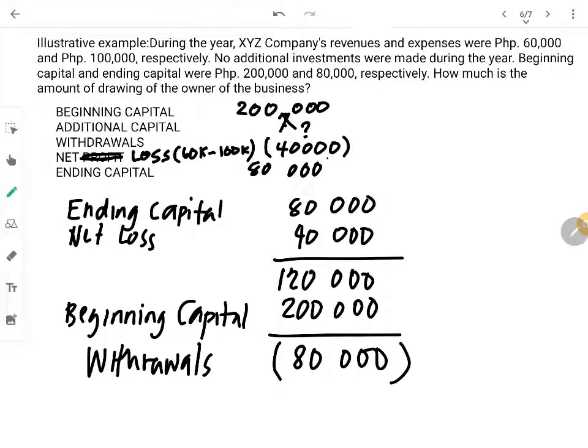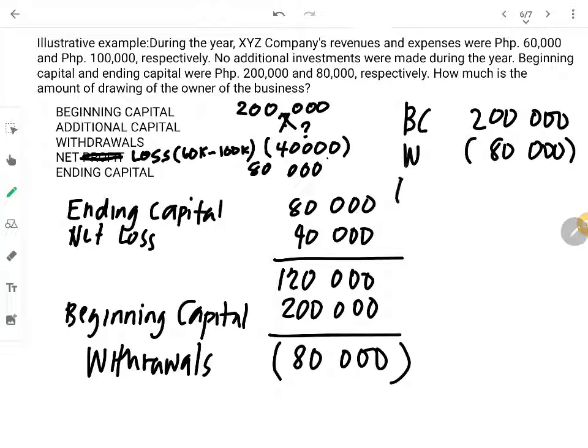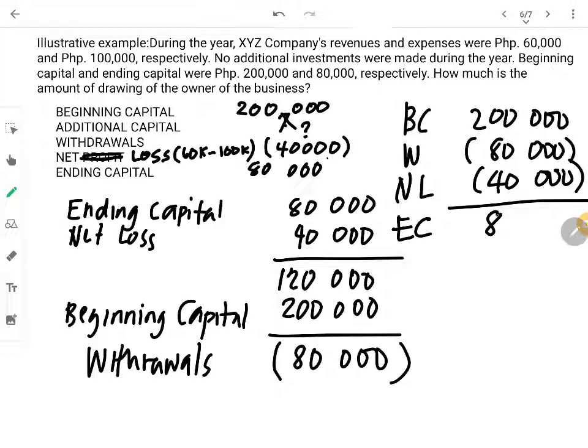So, let's check. So, beginning capital, that is 200,000, less withdrawal of 80,000, less net loss of 40,000, in order for us to get the ending capital of 200 minus 80, that is 120, minus 40, 120 minus 40, that is 80,000.